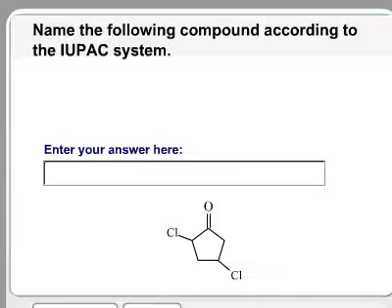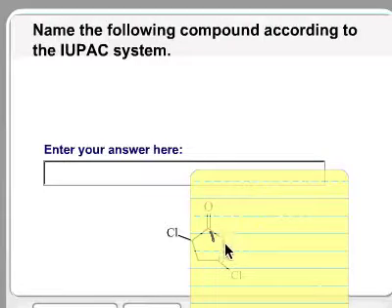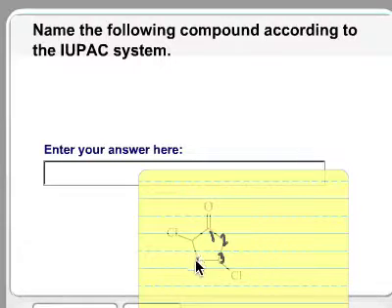Some of these you can't. All right, we have a cyclic. Tell first of all, what is my functional group here? If you said ketone, you would be correct. So, I've got a cyclopentanone. All right, so that's my functional group. 1, 2, 3, 4, 5.